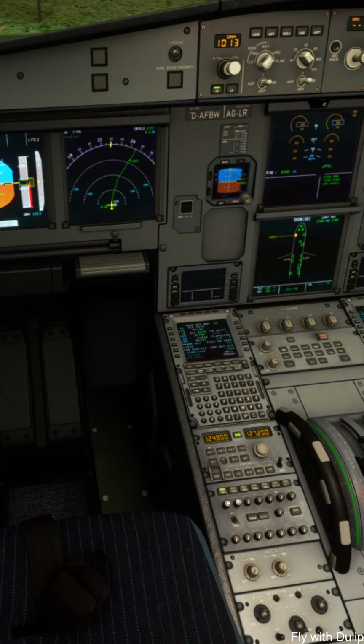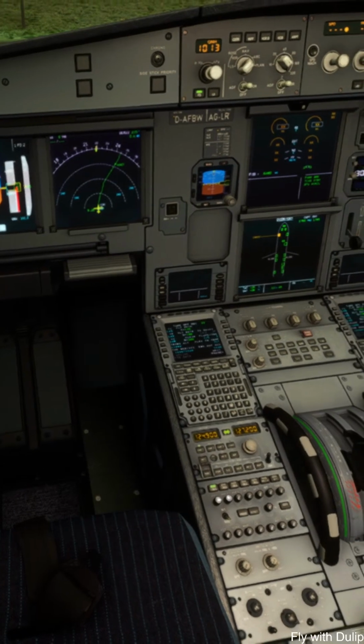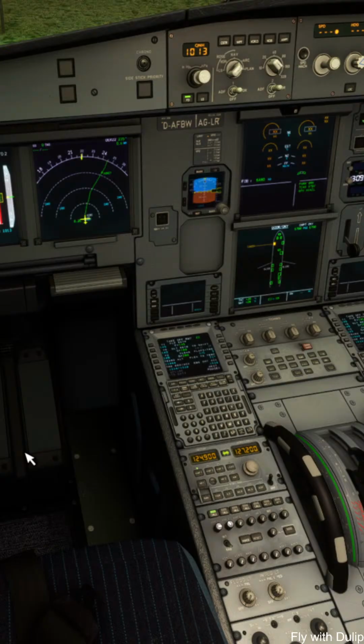Report ready for push and start. Say again the squawk, Sri Lankan 103. Squawk 7300. Confirm Sri Lankan 103 or 104. Apologies, Sri Lankan 103. Roger, report ready for push and start. Roger, will report when ready.